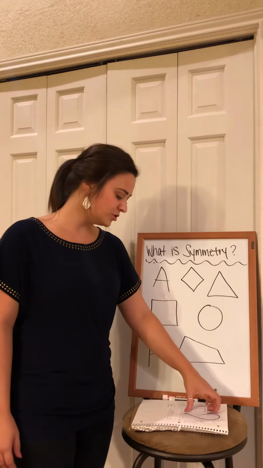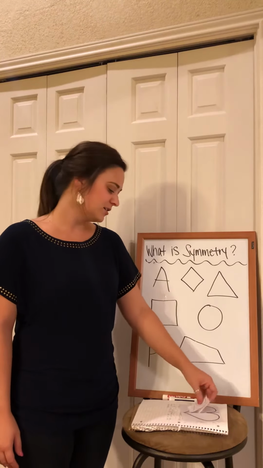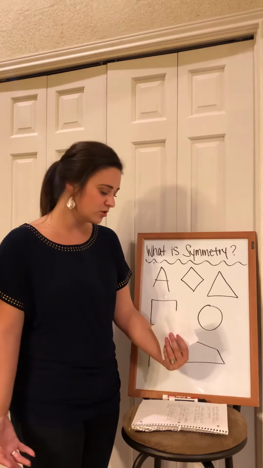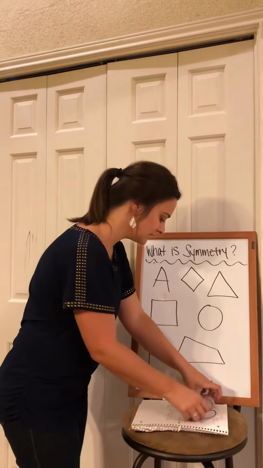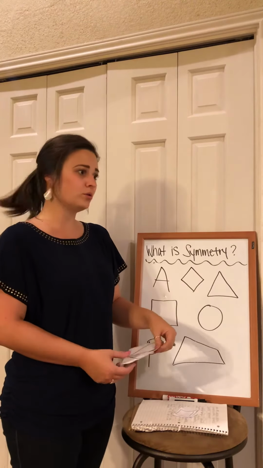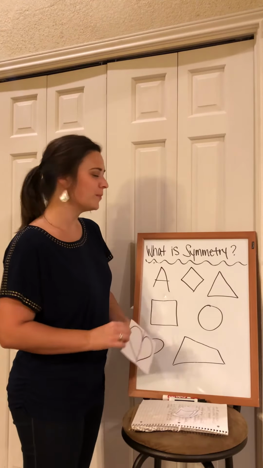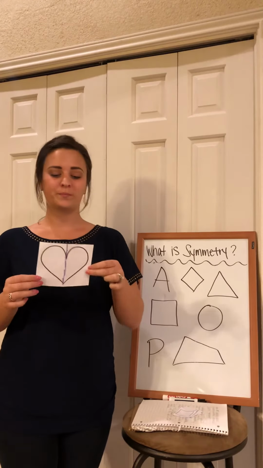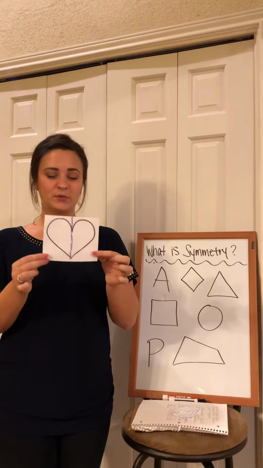And I know what you're probably thinking, like, what do you mean, Mrs. Miller? Help me understand, please. Because I don't know the word symmetry, symmetrical, line of symmetry. Well, okay, here's the first example. We're going to take this heart, this beautiful heart, okay?